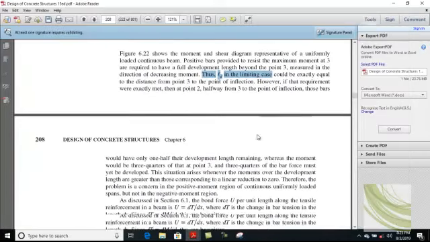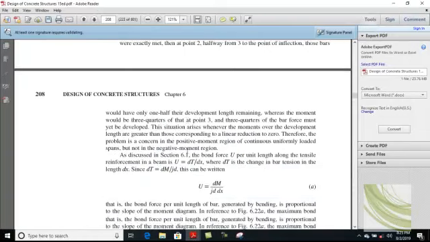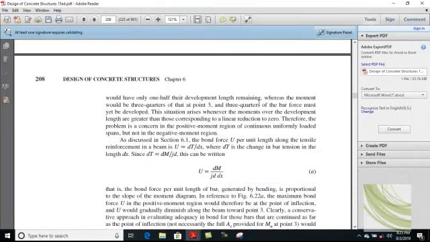Now, one half of their development length remains, whereas the moment would be 3/4 of that at point 3, and 3/4 of the bar force must yet be developed.